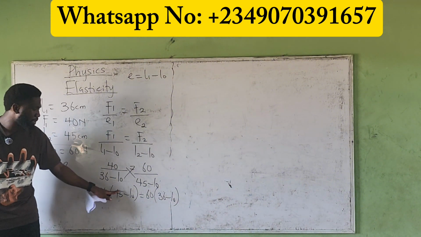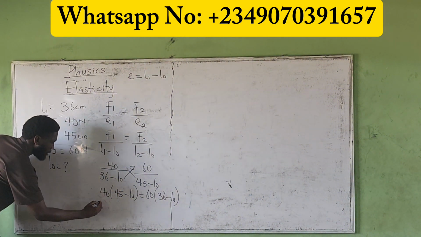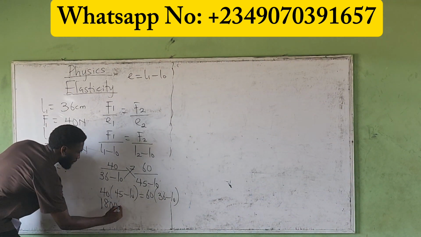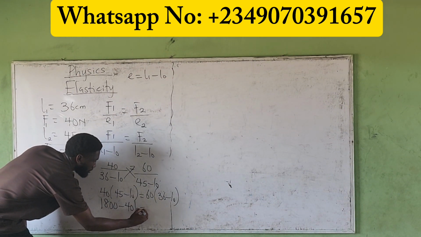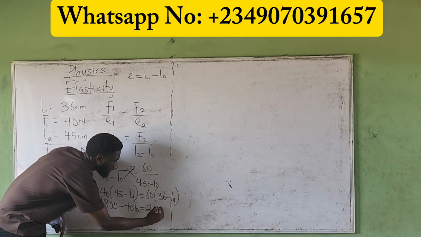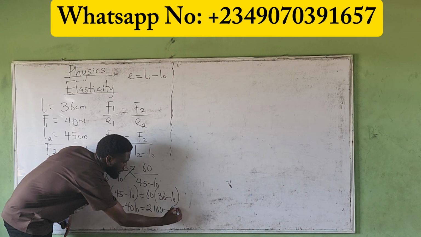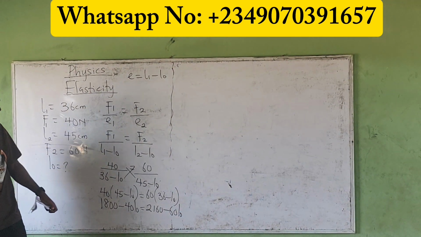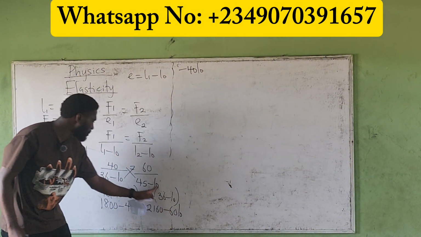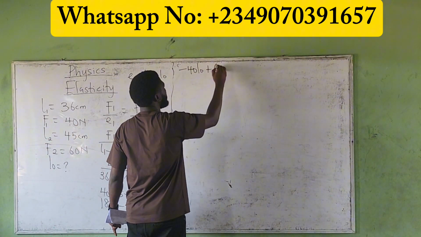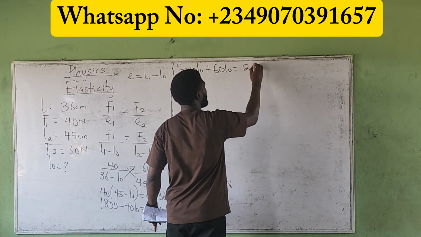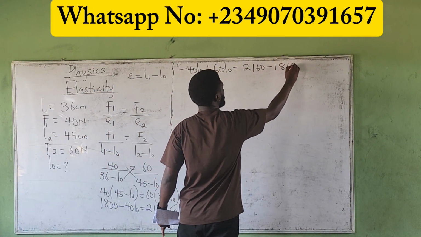So what is 40 times 45? 1,800. So 40 times minus L0 is minus 40 L0. Thank you. 60 times 36? 2,160. Minus 60 L0. So collecting like terms, we have minus 40 L0 plus 60 L0 equals 2,160 minus 1,800.